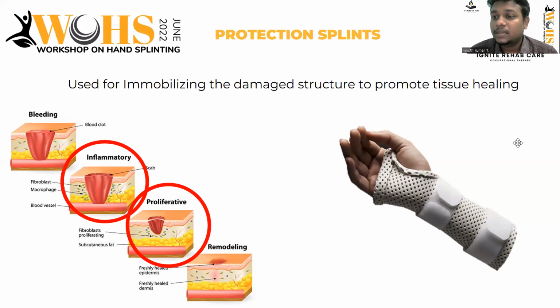We also design protective splints which are given in the inflammatory and proliferative phases. These splints help promote healing. There are different types of splints. This is a cock-up splint, which is used to immobilize the wrist joint.